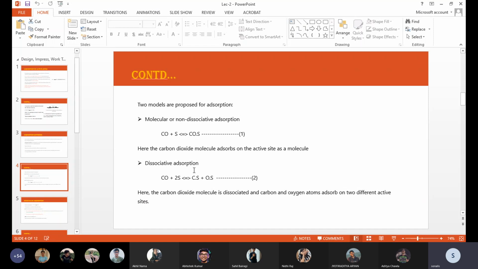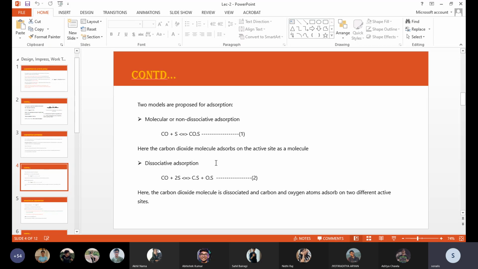And dissociative adsorption is where CO plus 2S gives C dot S plus O dot S. That means the CO molecule gets dissociated to give us one carbon atom and one oxygen atom. Here the carbon monoxide molecule is dissociated and the carbon and oxygen atoms adsorb on two different active sites.